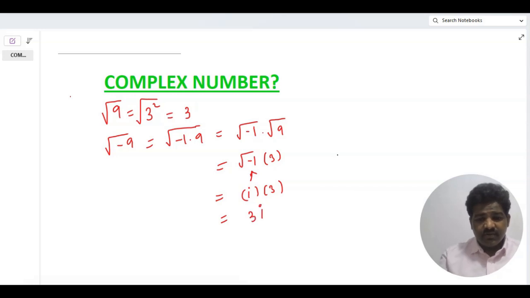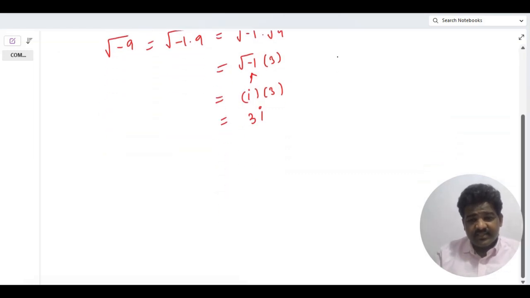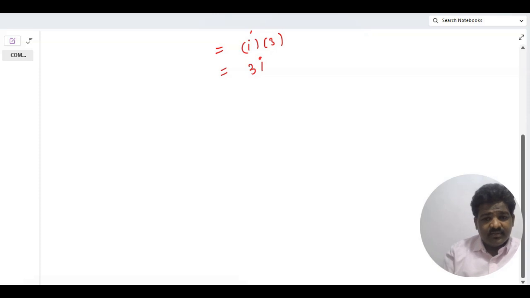Well, now here, how do we represent this 3i on the number line? Basically, we do not have 3i in the real number system, right?